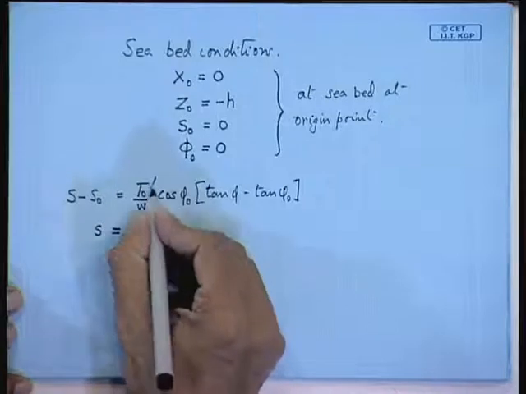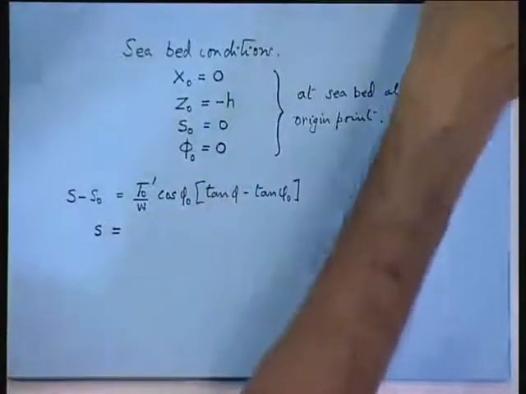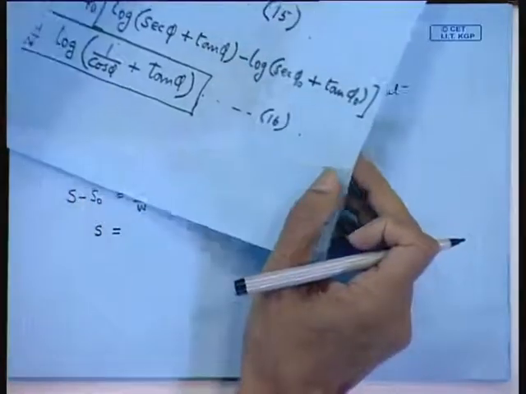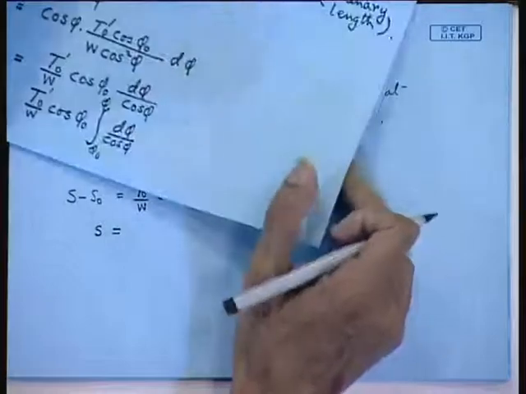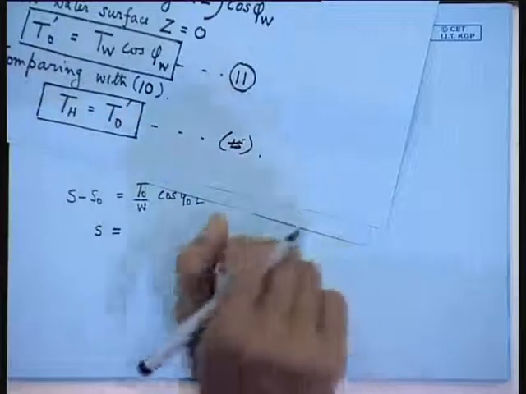And what about T naught? T naught we have derived in the earlier expression, that T naught is equal to T h at seabed. So, T h is equal to T prime naught.